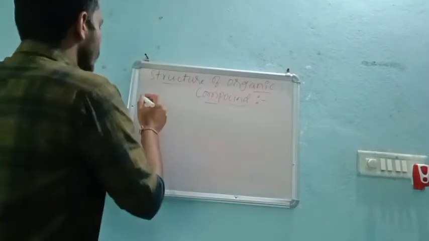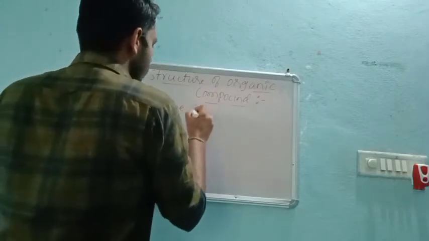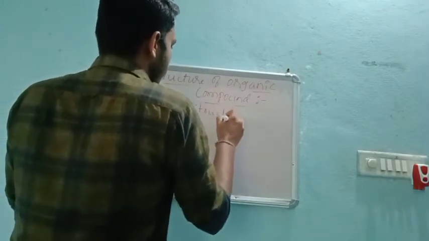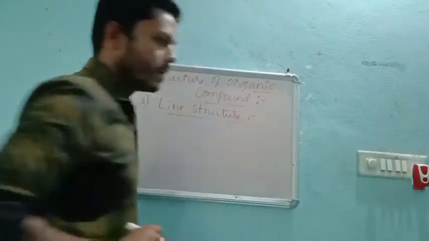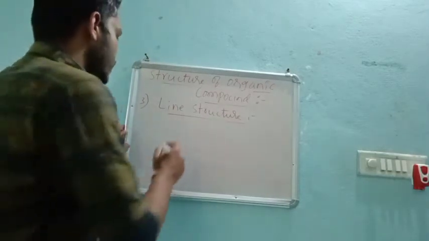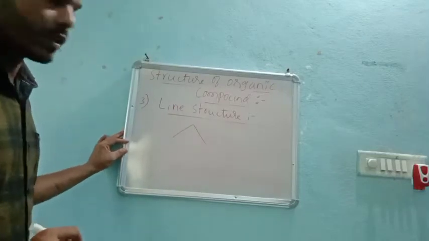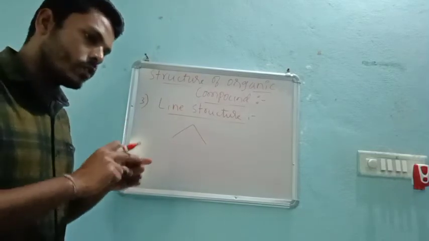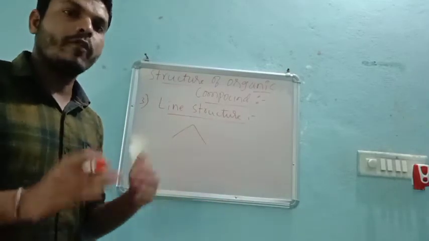So finally, number 3 is the line structure. This is very important, and you can see this type in your exam questions. In a line structure, we should not use letters like CH.